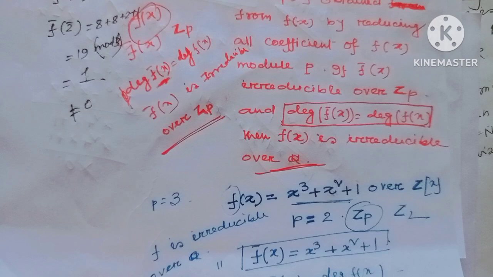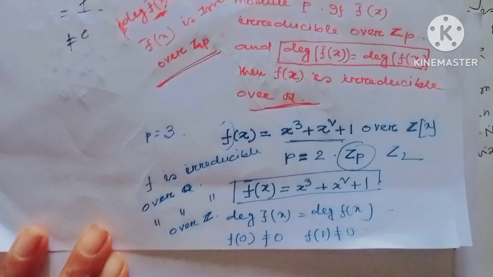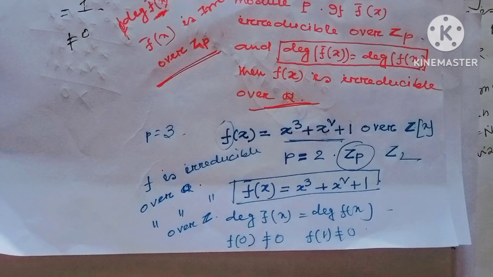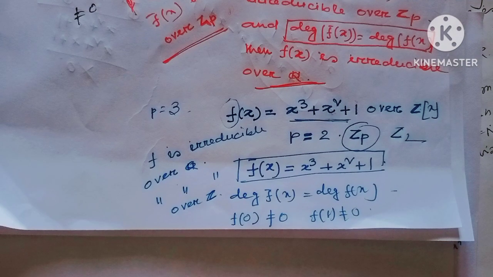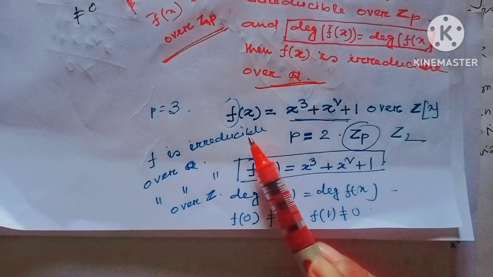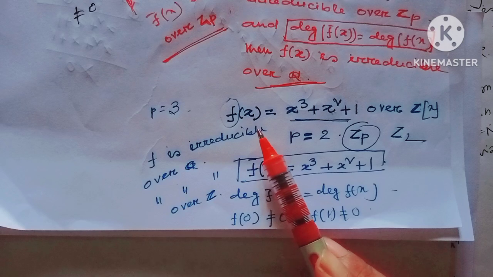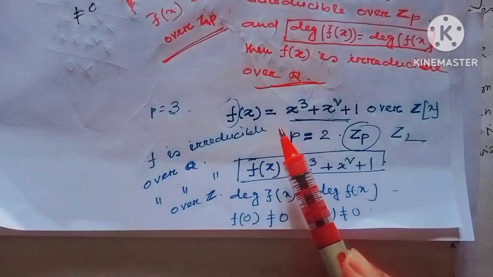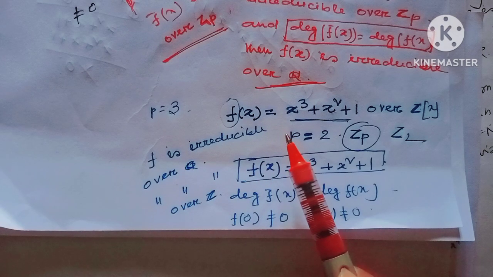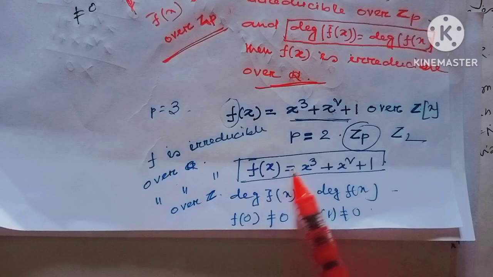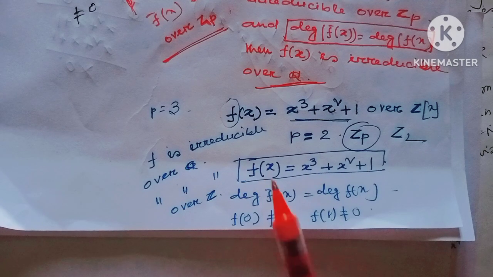When for any prime f bar is reducible, we cannot conclude anything. When we can find any prime p for which f bar is irreducible, then we can tell f(x) is irreducible. But if f bar is reducible, then we cannot tell anything about f(x).